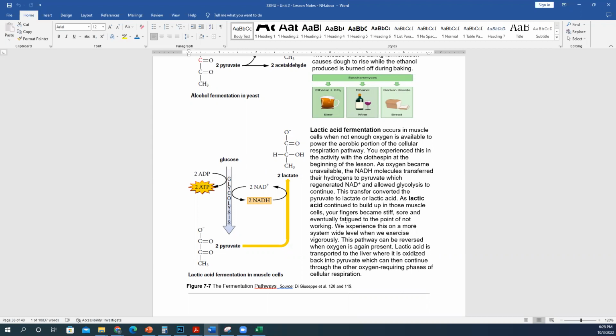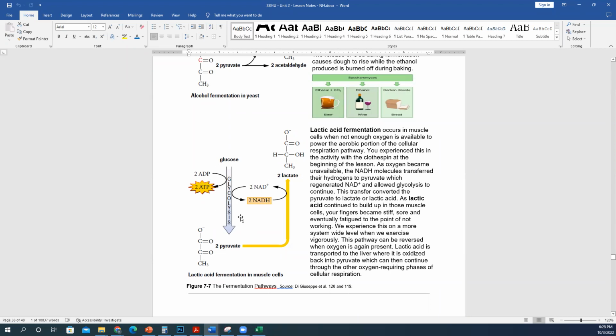Think about the clothespin activity that we talked about at the beginning of our lesson. As oxygen becomes less available because you keep using it and keep working this little muscle over and over, the NADH molecules transfer their hydrogens to pyruvate, which regenerates NAD plus and allows glycolysis to continue.